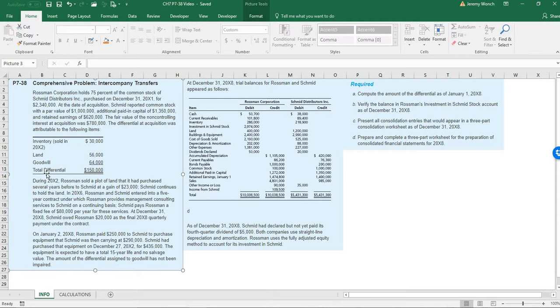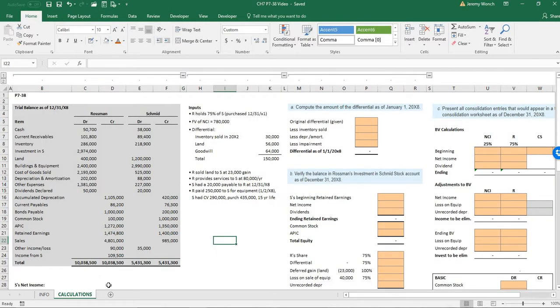So over here we have the differential on the day that we bought it, but this was way back 7 years ago. And so we want to calculate that differential actually as of the beginning of the year that we're talking about, which is 2008.